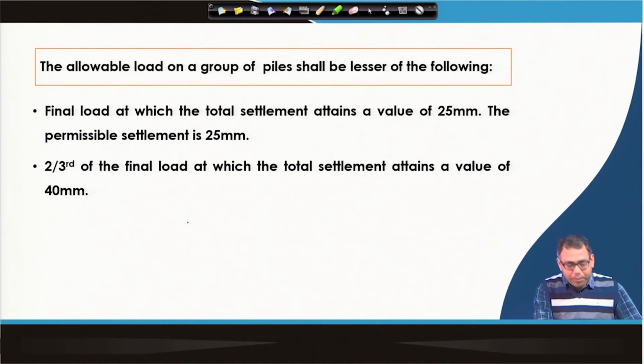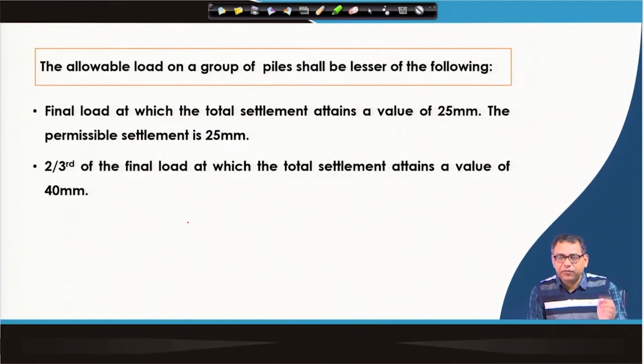Okay. So, now for the group pile, the criteria is the final load at which total settlement attains a value of 25 millimeter. If nothing is specified, then 25 millimeter is the permissible settlement for the group pile, or 2/3 of the final load at which total settlement attains a value of 40 millimeter.